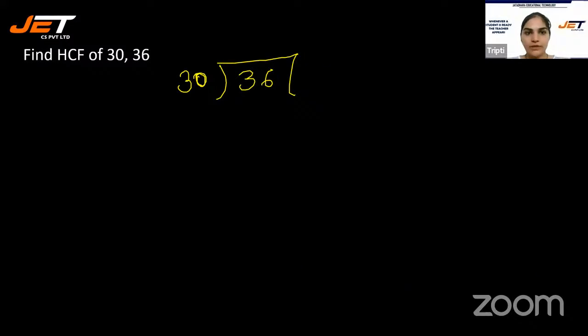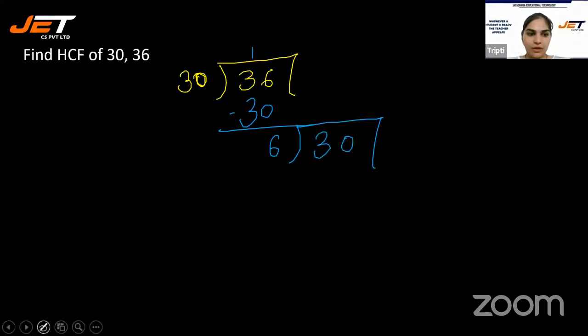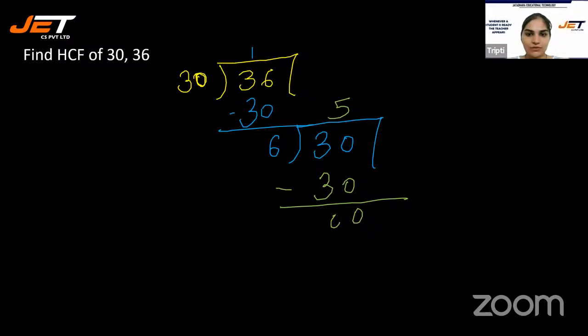Okay, so 30 times 1 is 30. 6 here. Now 30 was the divisor. Let's take it as the dividend. Okay. Over here, 6 times 5 is 30. 0, 0.